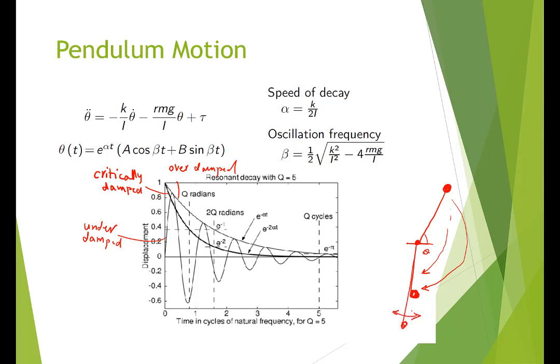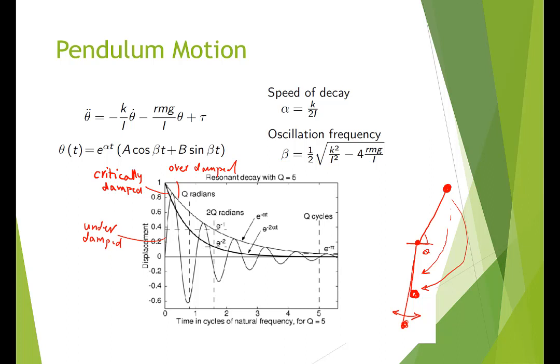So these are the three possible solutions based on the parameters of the equation. How much is the weight of the pendulum? What is the length of it? What happens almost every time is that it's underdamped. It comes and oscillates. If there are massive frictions here, it would behave critically damped or overdamped. It just goes and stays at the equilibrium without oscillating.